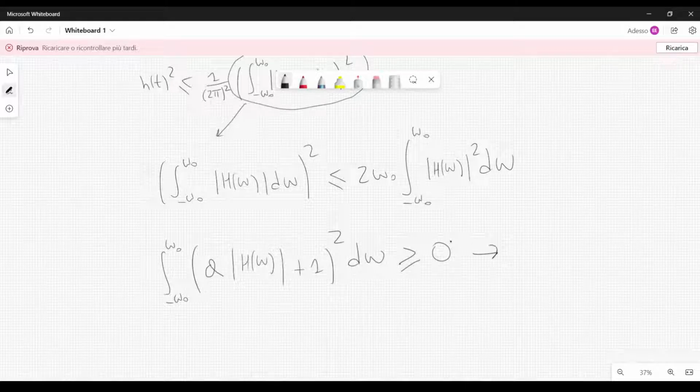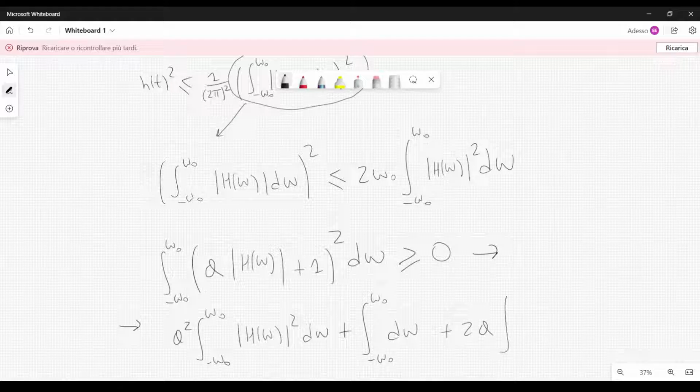And we can also rewrite this as a squared times the integral from minus omega naught to omega naught of mod of h of omega squared d omega, plus the integral from minus omega naught to omega naught of 1 d omega, plus 2a times the integral from minus omega naught to omega naught of mod of h of omega d omega, like this.